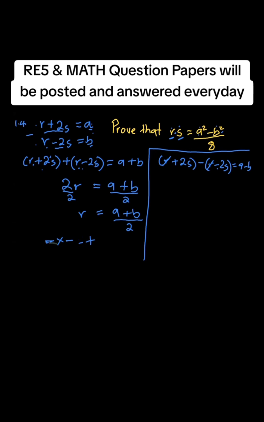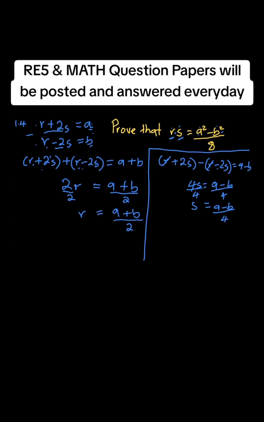So here you'll get 4S, because plus 2S is 4S, with a positive sign, equal to A minus B. To get the value of S, you have to divide both sides by 4, which gives you S equals A minus B, all divided by 4.